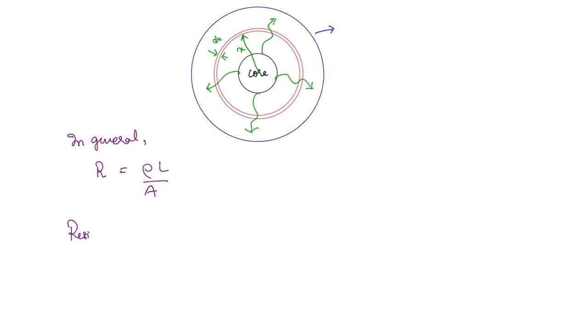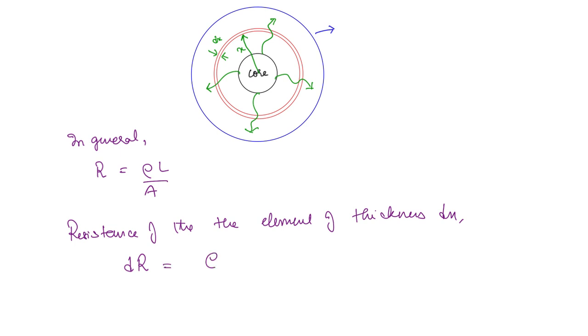So the resistance of the element of thickness dx, which we will take as dr, is going to be the resistivity, rho, times the length over the area of cross section. What will be the area of cross section?